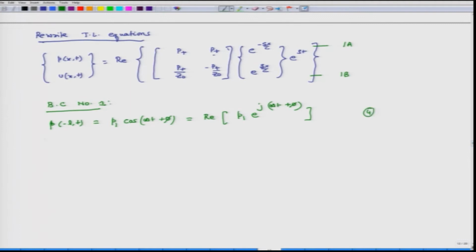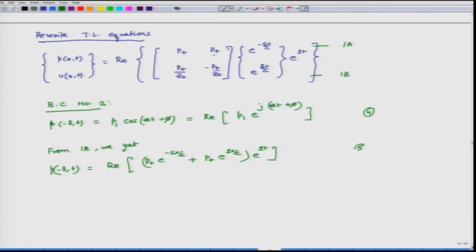So, this is our equation 4, and then from equation 1a we again calculate the value of pressure at minus L. So, from 1a we get P of minus L comma t is the real of (P plus e to the power of minus s x over c plus P minus e to the power of s x over c) e to the power of s t.